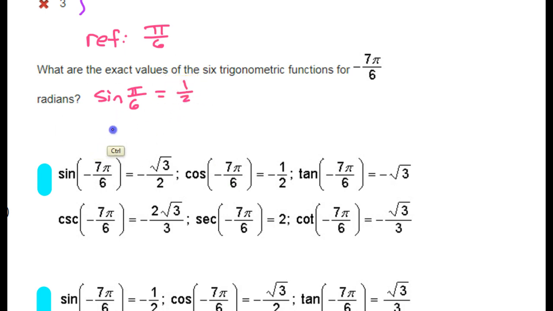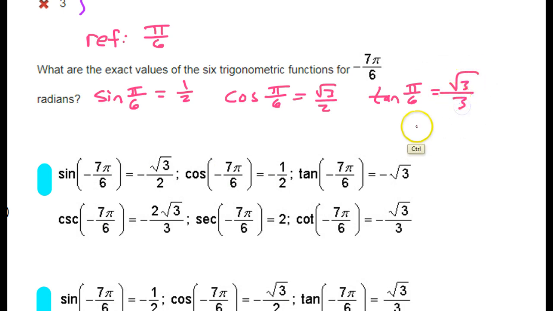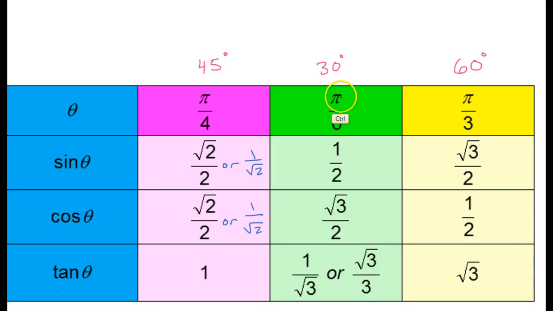All right, the cosine of pi over 6 is radical 3 over 2, and the tangent of pi over 6 is radical 3 over 3. Okay, let's just double check that against the chart. Okay, 1/2, radical 3 over 2, radical 3 over 3. All right, right off the chart.